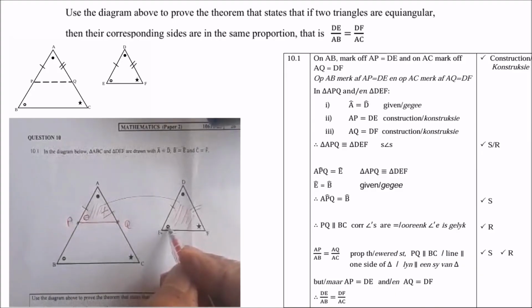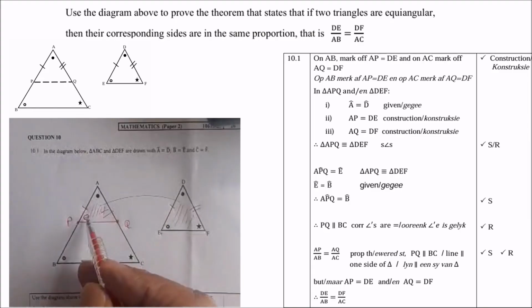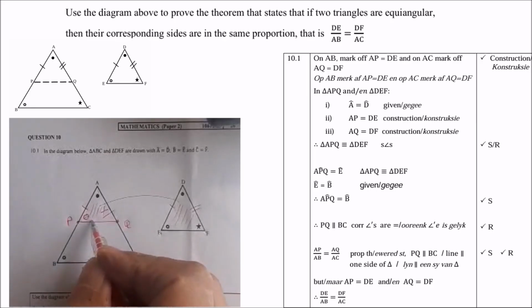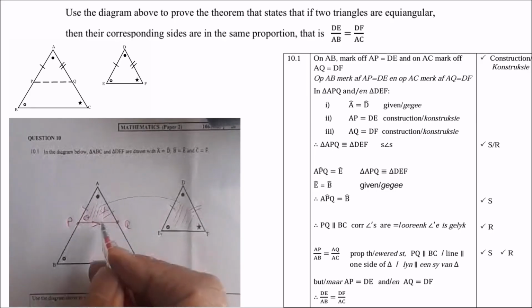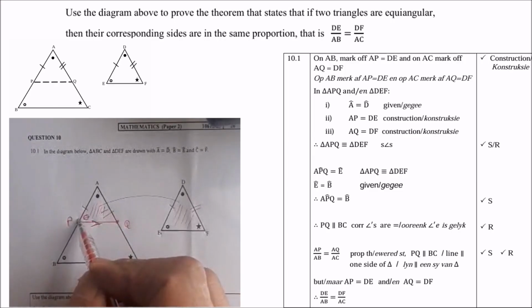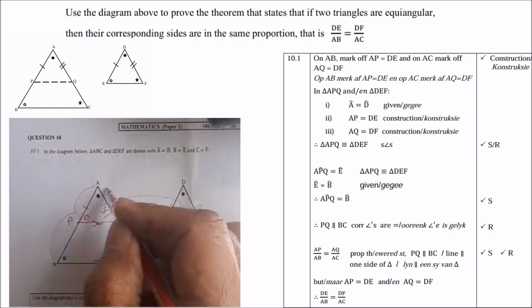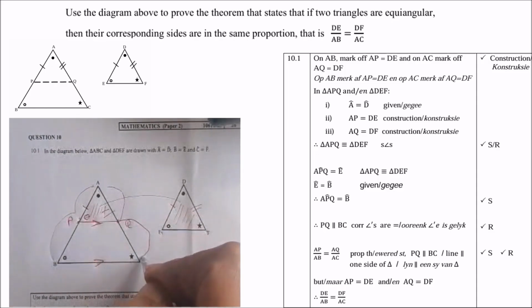So therefore, angle APQ is equal to angle B. Those two angles are equal, and if they are equal, then these two lines will be parallel, because we have equal corresponding angles. Therefore, AP over PB is equal to AQ over QC. Right, that we know from our previous theorems, because those two lines are parallel.